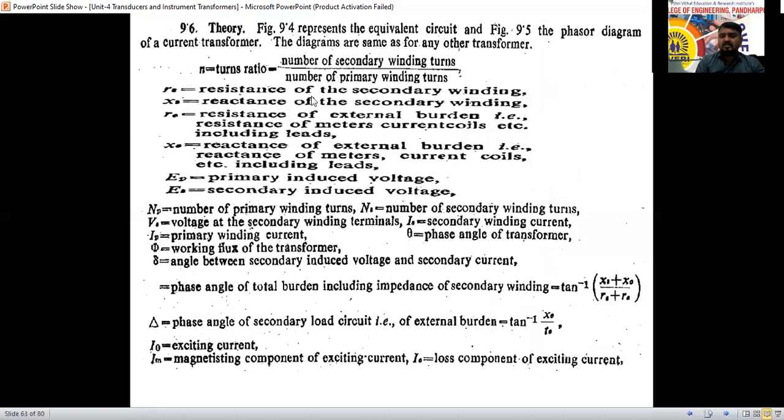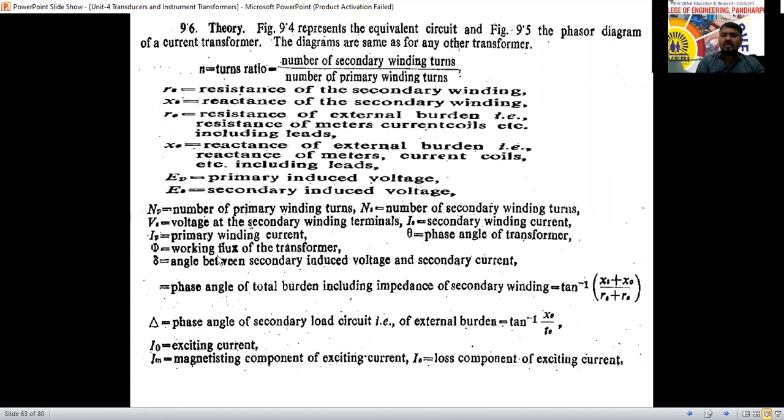Same thing we have written here. RS is the resistance of secondary winding, XS is the reactance of secondary winding, RE is the resistance of external burden or external meter resistances, current coil, including leads we are going to call that one. And XE is the reactance of external burden or reactance of meters. EP is primary induced voltage, ES is secondary induced voltage, NP is the number of primary turns, NS is the number of secondary turns, VS is the voltage at the secondary winding terminal, IS is the secondary winding current here.